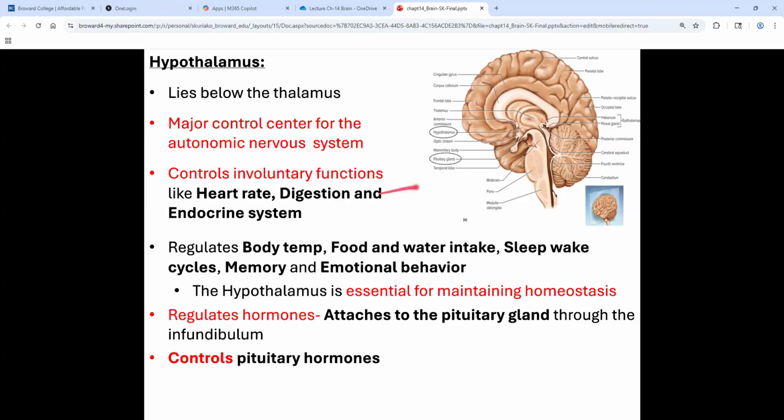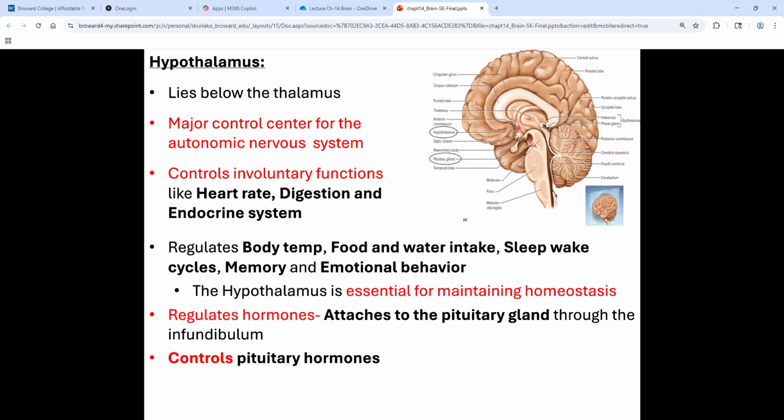Now, the hypothalamus also controls the hormones. Like here, you can see this is the hypothalamus, and below the hypothalamus, you have the pituitary gland. Actually, it's connected to the pituitary gland by a stalk. And this stalk is called the infundibulum. And the pituitary gland is controlled by the hypothalamus.